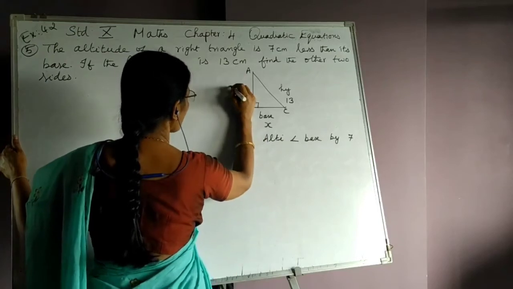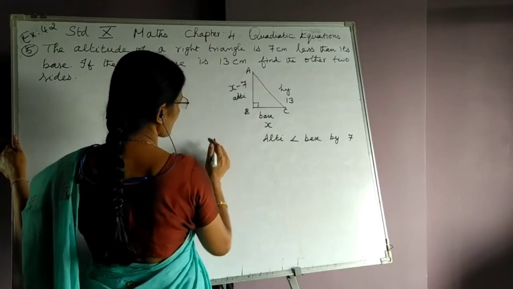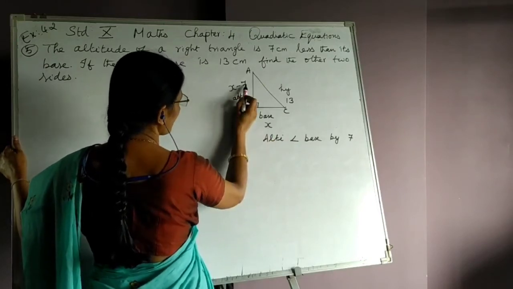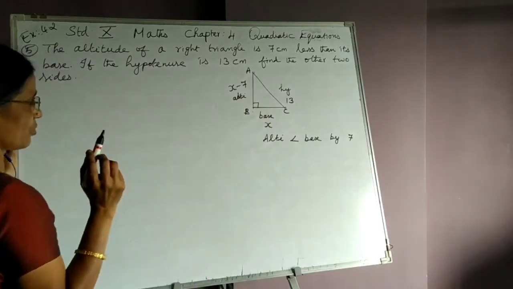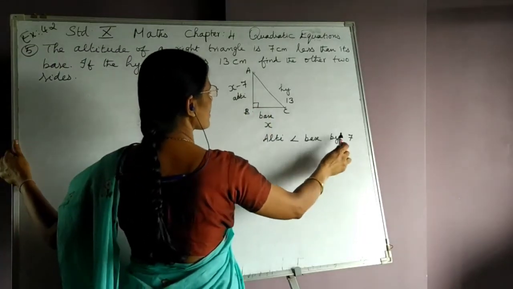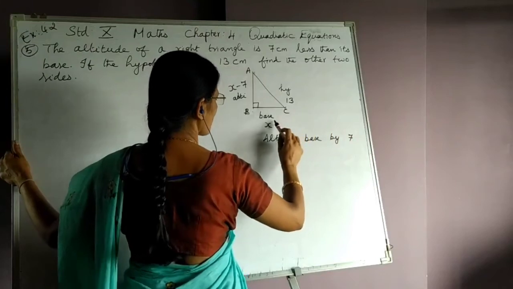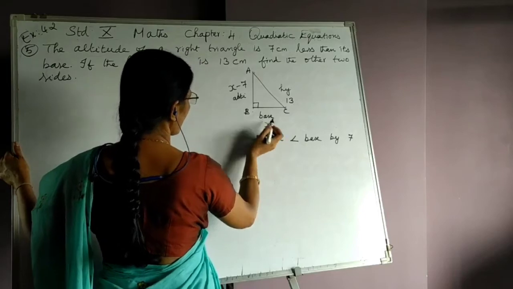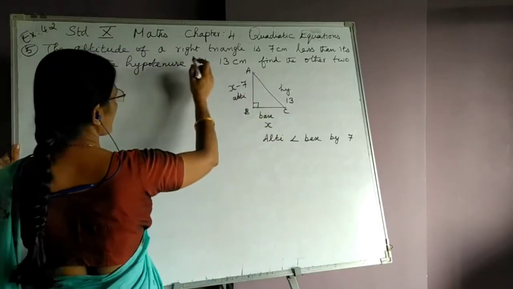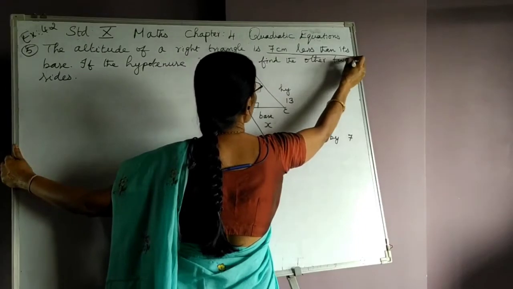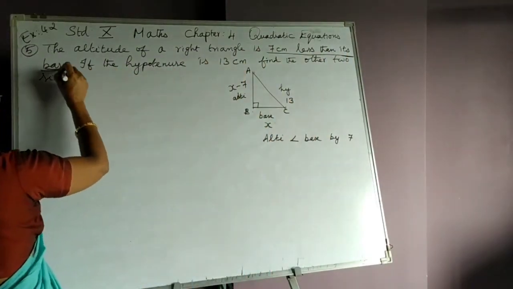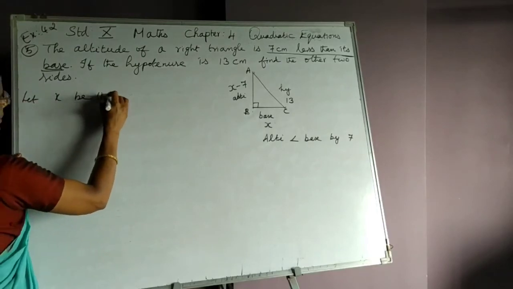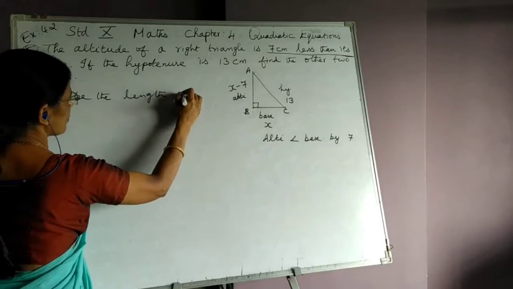Therefore, altitude is x minus 7. If base is 20, 20 minus 7, this is 13. If this is 10, 10 minus 7, 3 becomes the altitude. So the relation is given very clearly: 7 centimeter less than the base.